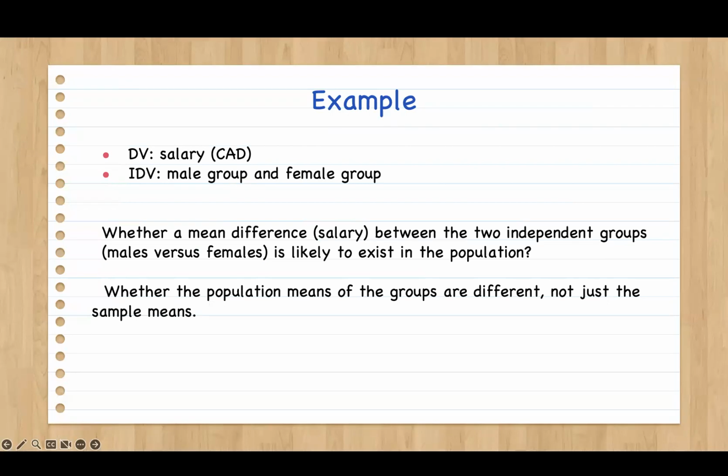So as such, you need to use the data from the samples you've selected to estimate whether it's likely that the two group means will be different in the population. Put another way, whether a difference between the two group means is likely to exist in the population. This is the reason why we use the t-test.